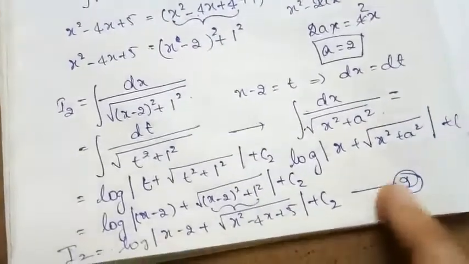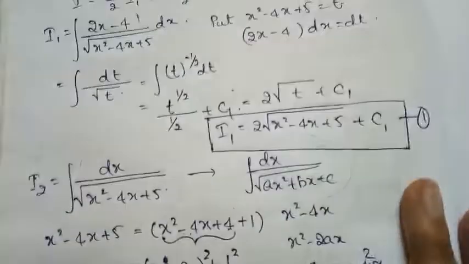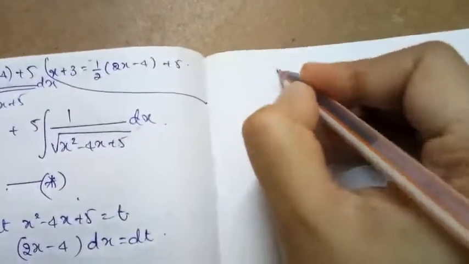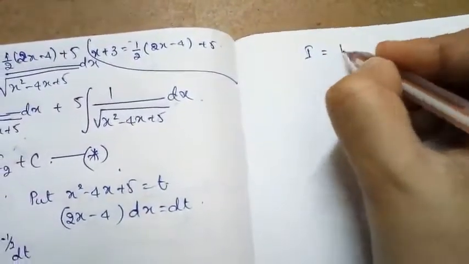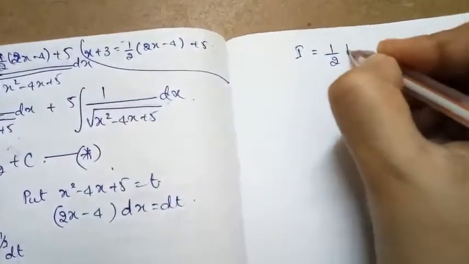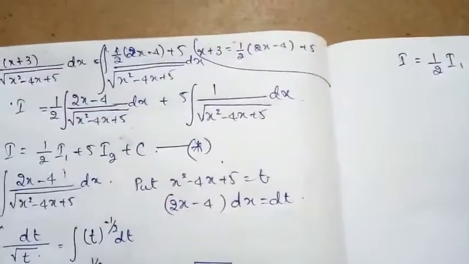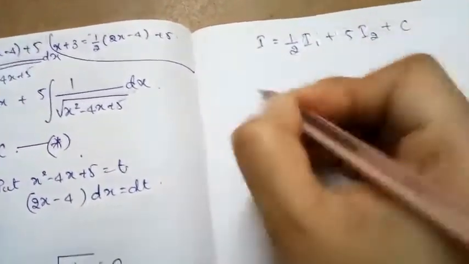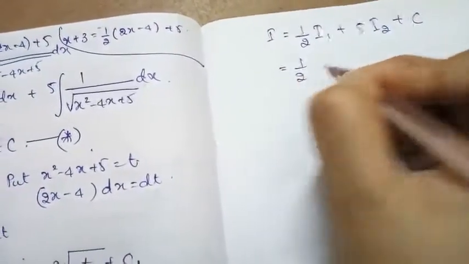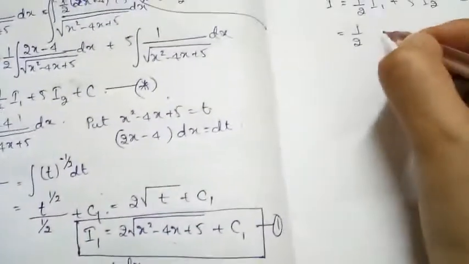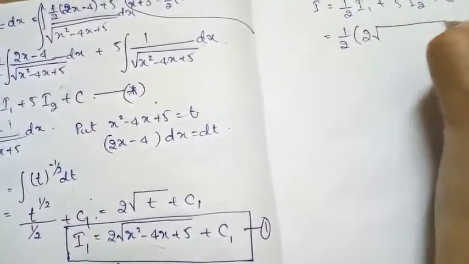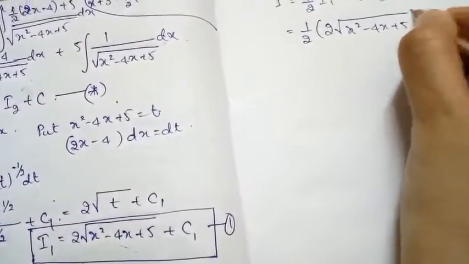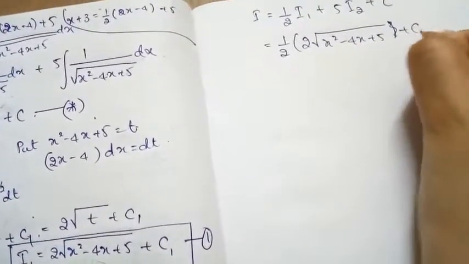So now I am substituting back this value of I2 as well as I1 in this star. What is that star saying? I is equal to 1 by 2 times I1 plus 5 times I2 plus C. What was our I1? 1 by 2 into 2 times the square root of x square minus 4x plus 5 plus C1.